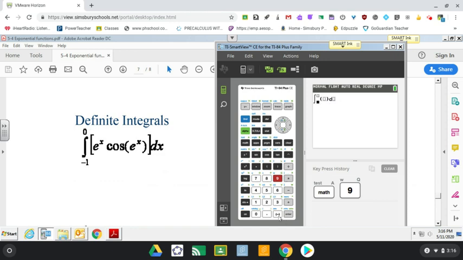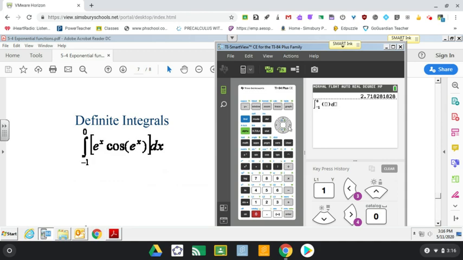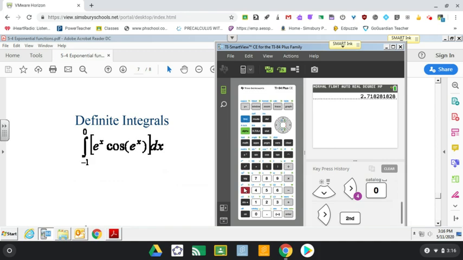So we're going from -1 to 0. In this parenthesis here, you're going to type in the function, which is our secant e to the x.